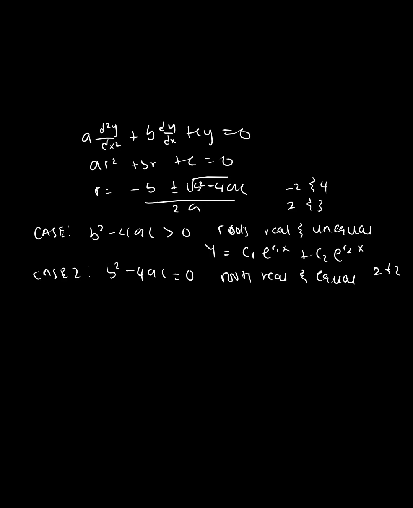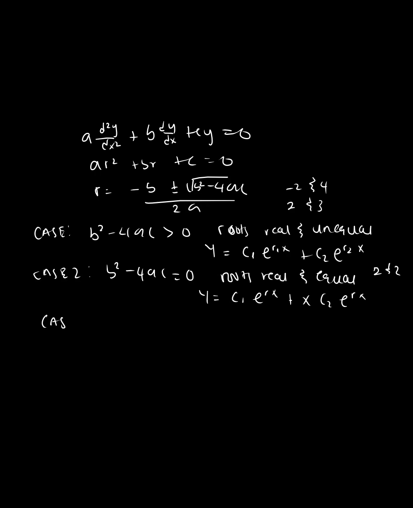The formula for this is y is equal to c1 e to the power of rx plus x c2 e to the power of rx. The reason why we don't have r1 and r2 is because the roots are equal, so it does not matter which one is r1 or which one is r2.